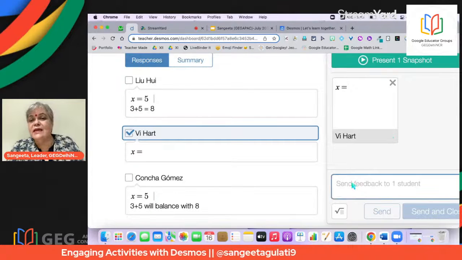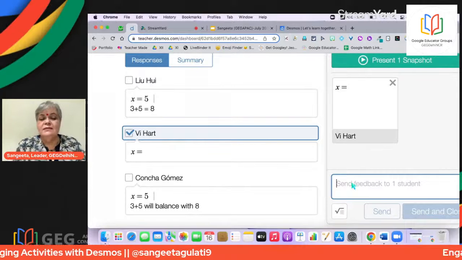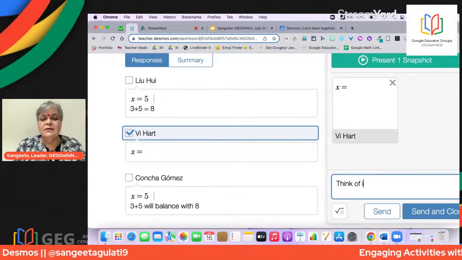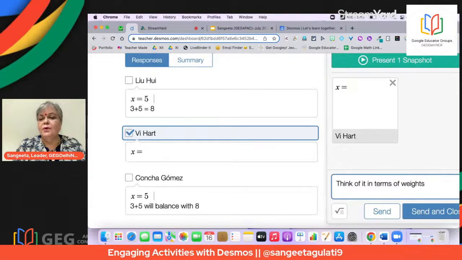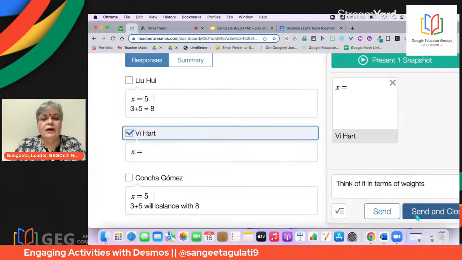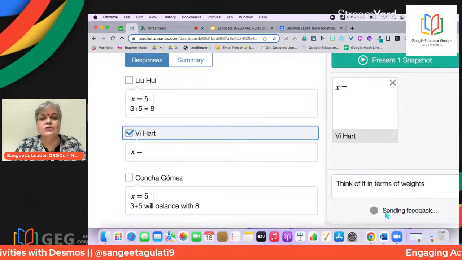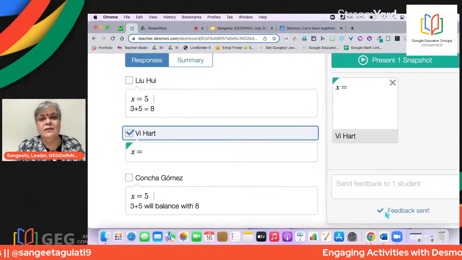I can also send a feedback, and I can say, think of it in terms of weights, and what should be the weight. So I'm giving a prompt, or sending a kind of hint to the student to answer the question.